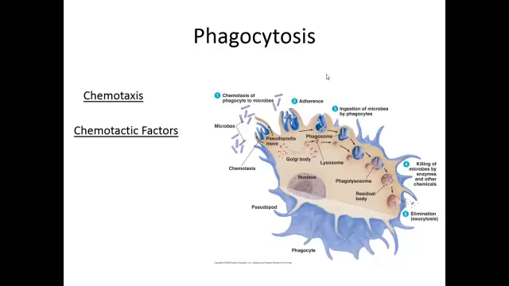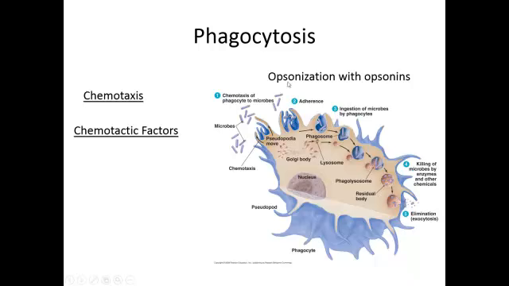This process is made easier or accelerated by opsins, and we call this opsonization. Opsonization is Latin for to make tasty. In other words, if something has opsins on it, the phagocytes eat them faster, or phagocytize them faster, as if they were tasty.